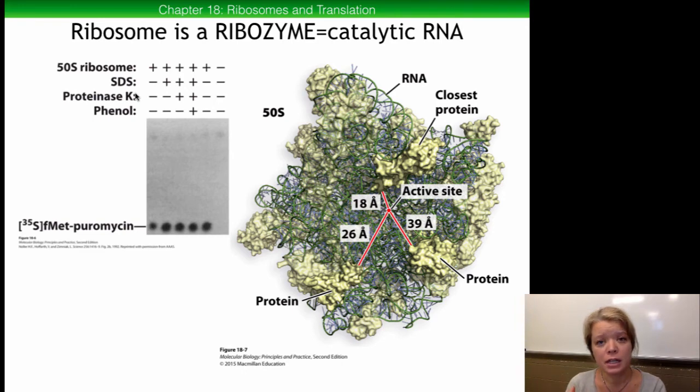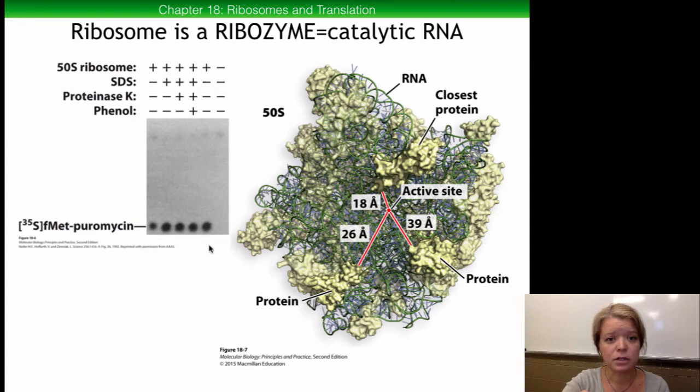So proteinase K digestion would have destroyed all the proteins inside the ribosome. They added that. SDS causes the unfolding, the breakage of the hydrogen bonds holding the proteins in their particular three-dimensional shape. So they added even that, and still they saw a product.